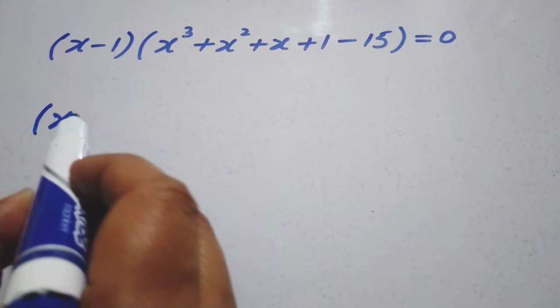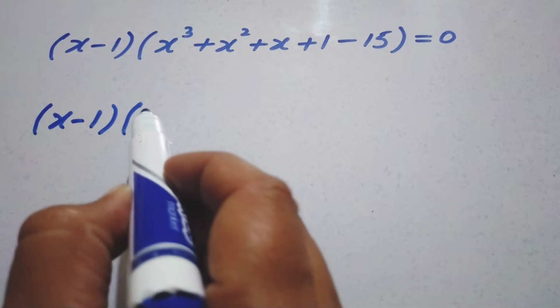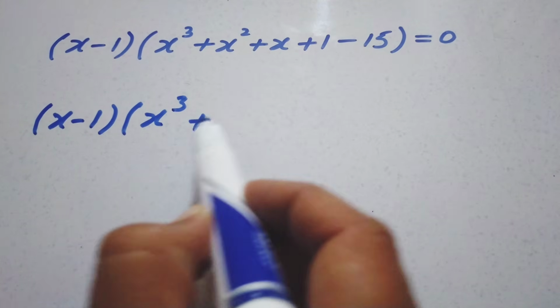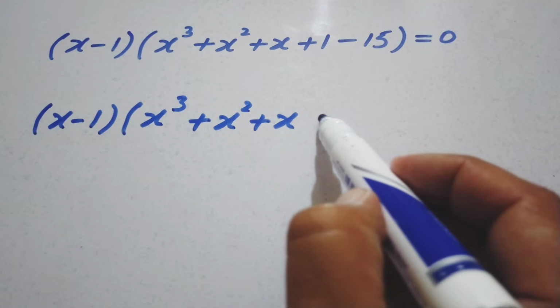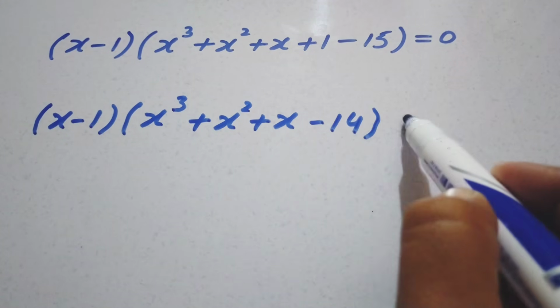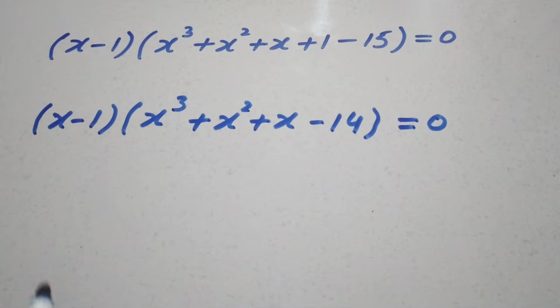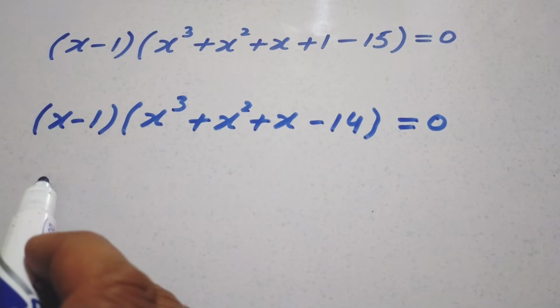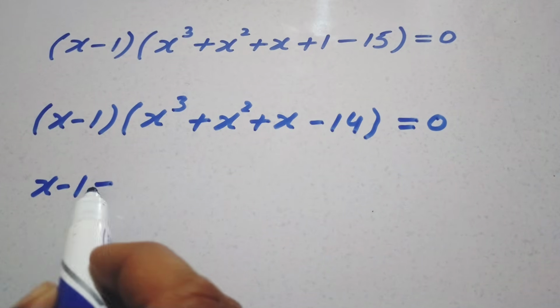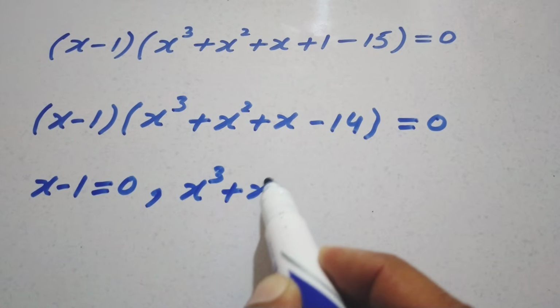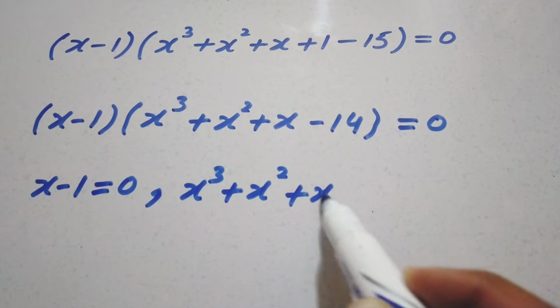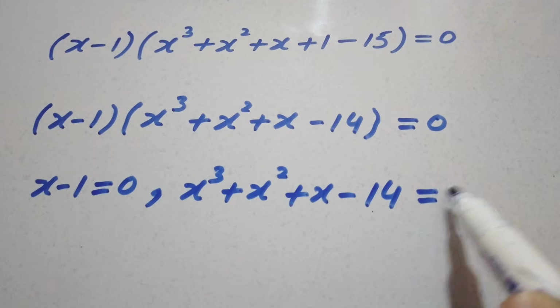Now x minus 1 into x cube plus x squared plus x plus 1 minus 15, we get minus 14, is equal to 0. Now by using the zero product rule we get x minus 1 is equal to 0 and x cube plus x squared plus x minus 14 is equal to 0.